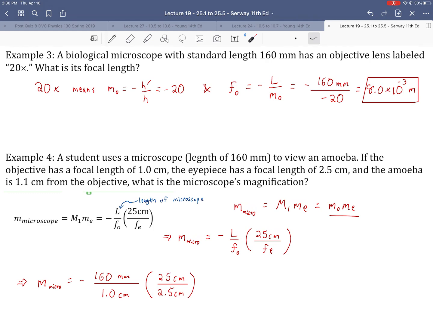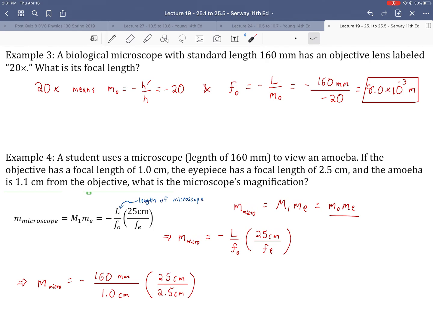And we're definitely going to assume our standard 160. So if I had 160 over focal length of 1, that should give us about 150.